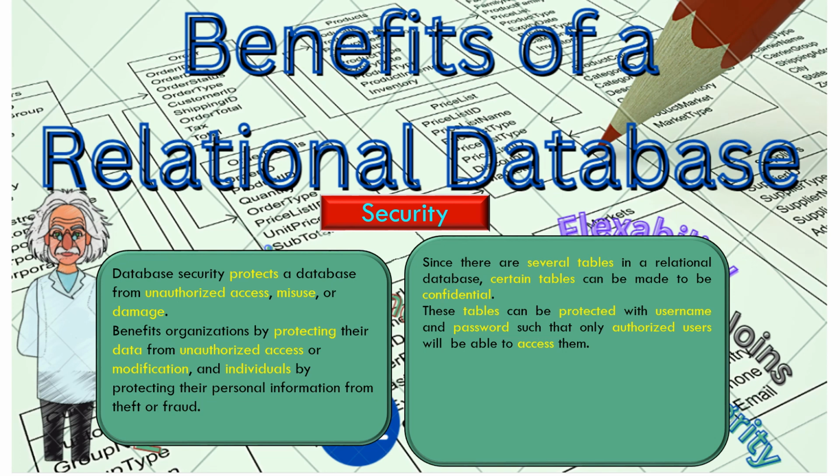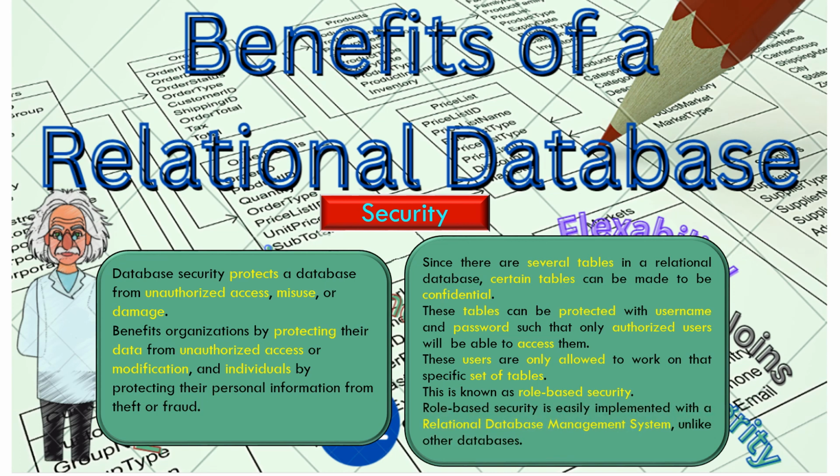These tables can be protected with a username and password such that only authorized users will be able to access them. These users are only allowed to work on that specific set of tables. This is known as role-based security. Role-based security is easily implemented with a relational database management system unlike other databases.